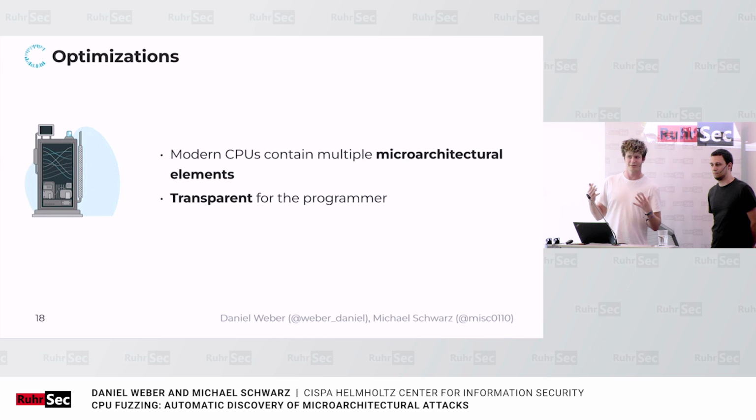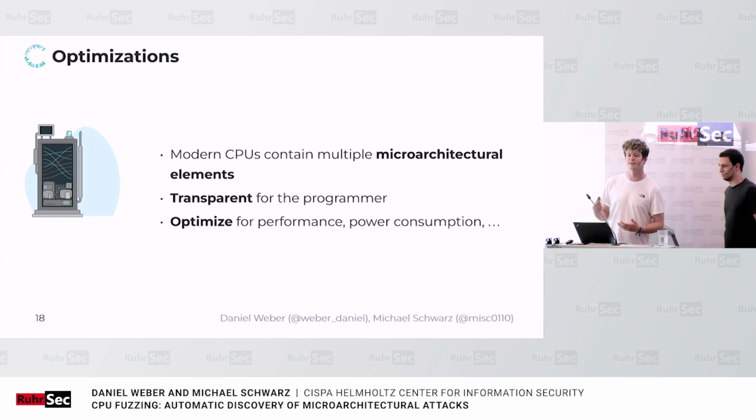That's neat, and it's also really cool because CPU vendors are now free to optimize for performance or for power consumption on my laptop battery. They can do so because as long as they implement the ISA, we're fine. We want to go through some of those optimizations today, and we'll also see how we can attack them.